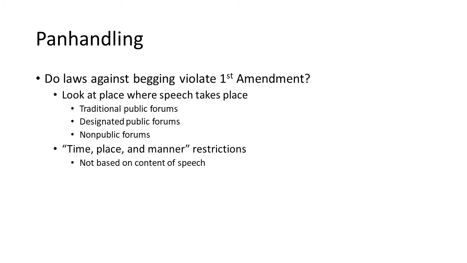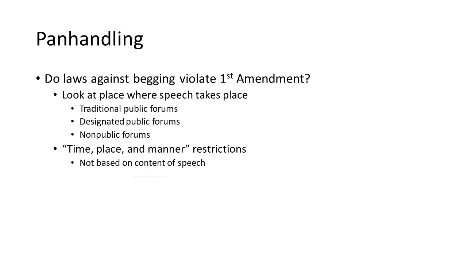Let's talk about the one in the middle, the designated public forums. Designated public forums is a place that the government says, yes, these places here, they may not be traditional public forums like a sidewalk or a park, but we are designating them as a public forum. And this might be something where, it could be a city designated building. It could be something, a fairgrounds is usually deemed a designated public forum.